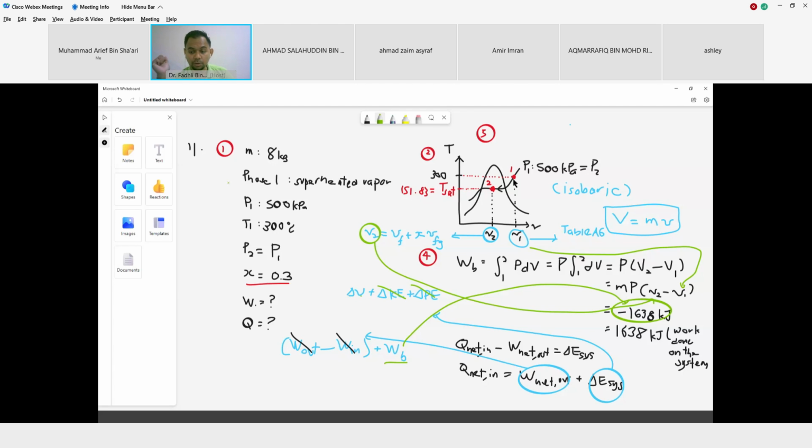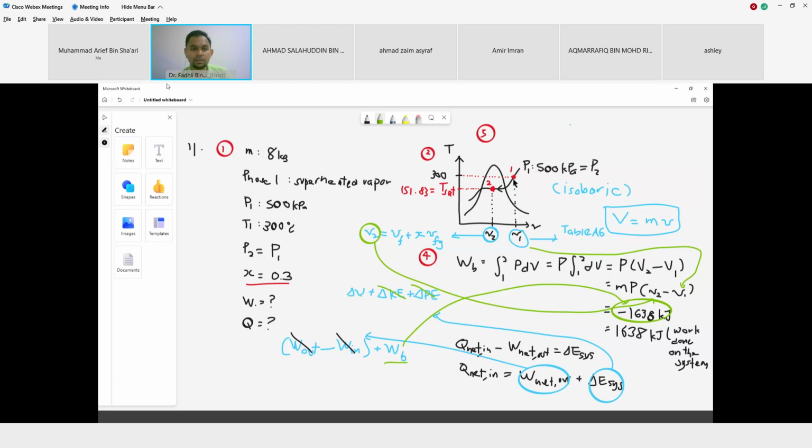Therefore KE equals 0. And the potential energy of this system, the piston cylinder device, is located on the ground, not on top of any hill or mountain, so potential energy is also 0. So we can cancel both delta KE and delta PE.